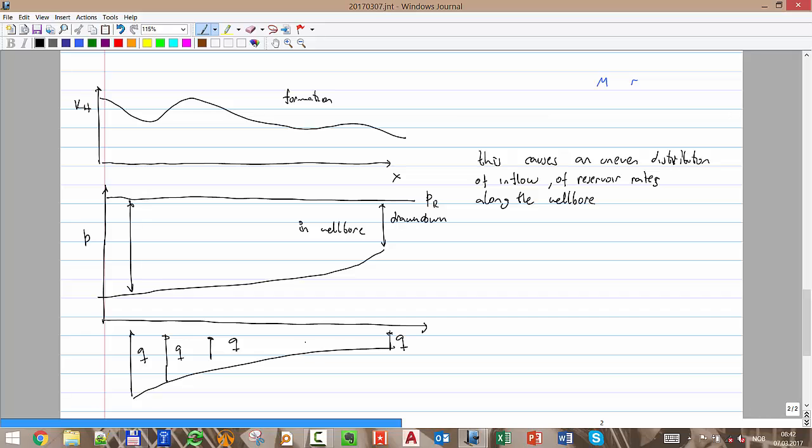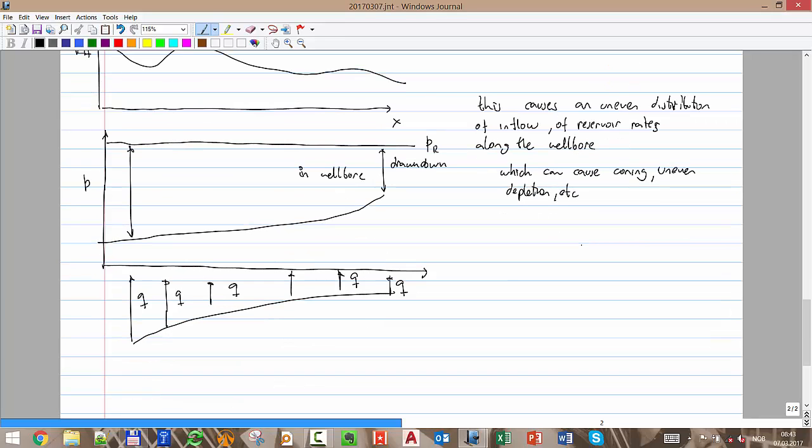So Q will also have a distribution like that, which in turn can cause coning, uneven depletion, etc. Basically, you can have early breakthrough on the heel or on areas where you have high permeability, on streaks where you have high permeability.